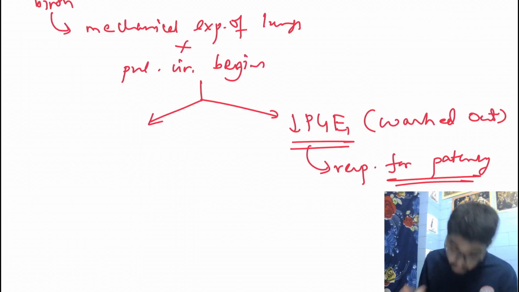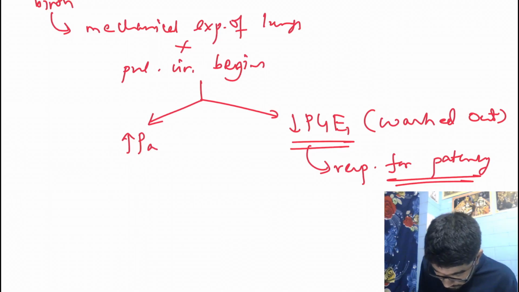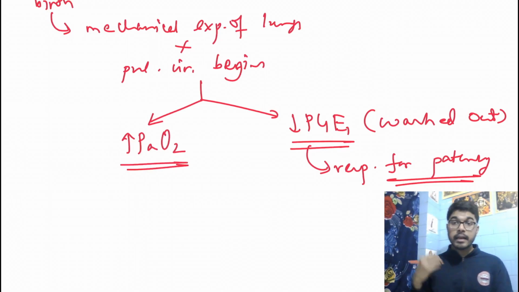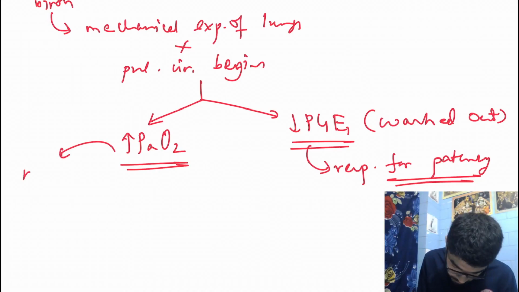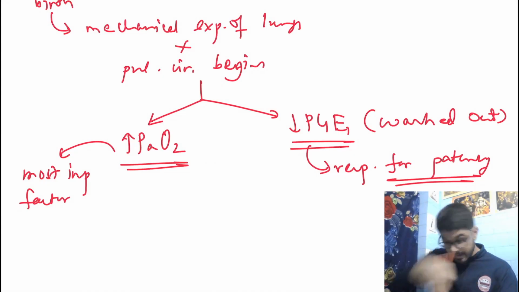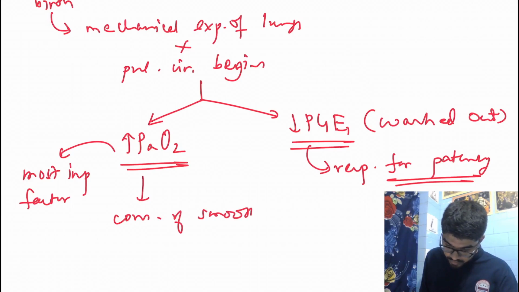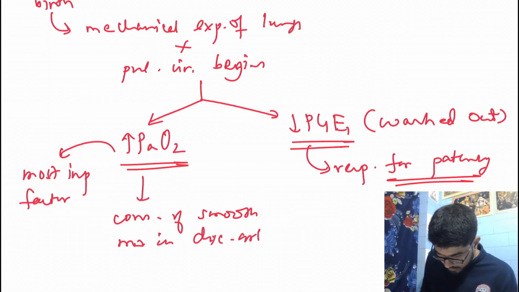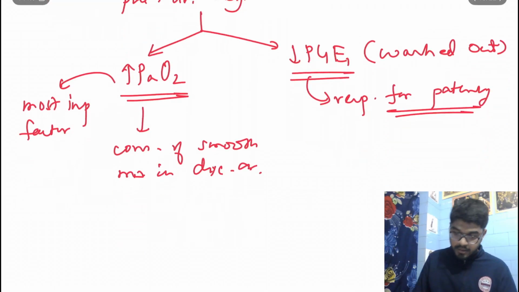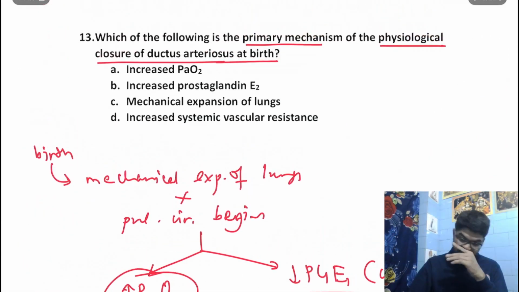But the most important factor responsible for closure is the increase in PaO2 due to expansion of the lungs and beginning of pulmonary circulation. This increased PaO2 causes constriction of the smooth muscles in the ductus arteriosus, and this results in closure. So our answer here would be increased PaO2.